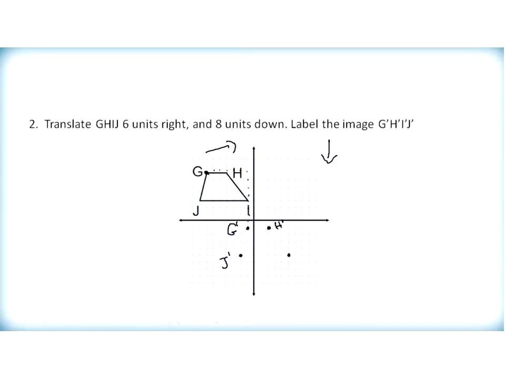So what I'm going to need to do now is get my ruler, my ruled line, and connect my dots. Oh, and I forgot to write in I prime, so I'll do that now.